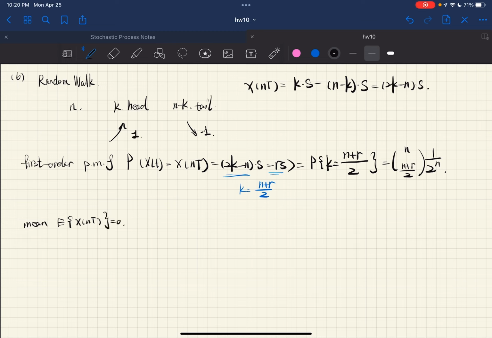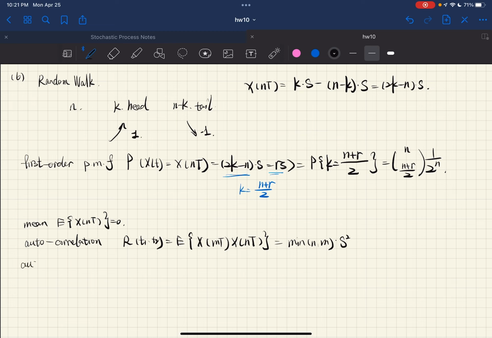And we have the autocorrelation R(t1, t2), which equals the expectation of x. We represent t1 as mt and t2 as nt, and it equals the minimum of m and n times s to the power of 2.